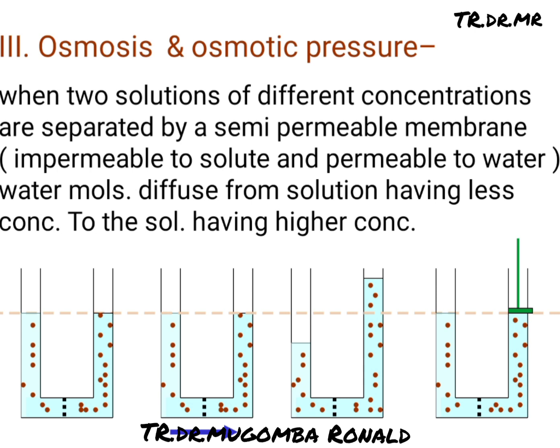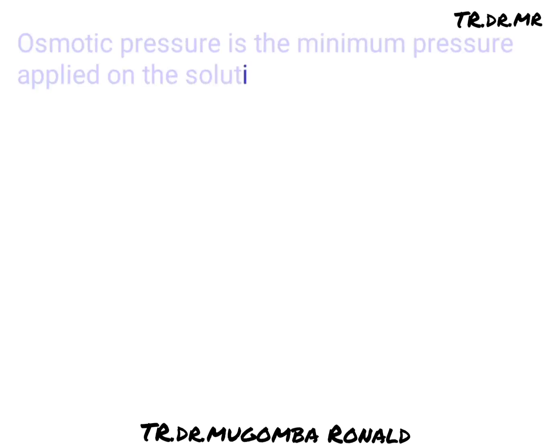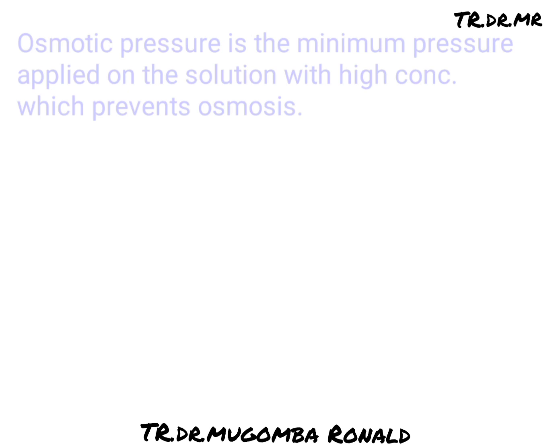So osmosis involves movement of water molecules along a water potential gradient from where the solution is dilute to where the solution is more concentrated. Osmotic pressure is the minimum pressure that must be applied on the solution with a high concentration to prevent osmosis from taking place.